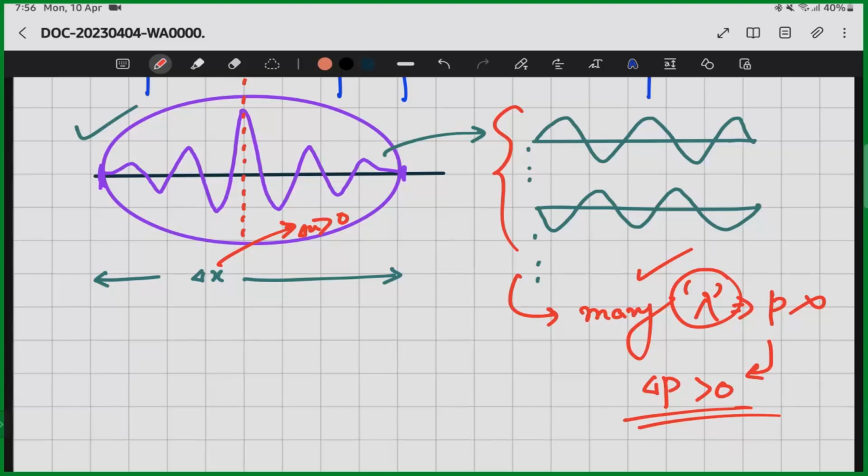In the next class we'll finish the Davisson-Germer experiment and our syllabus will finish. After that we'll do some exercises from this overall chapter, which will take one class, and in the last class we'll make a summary with the equations and some charts. So in tomorrow's class we'll discuss these things.